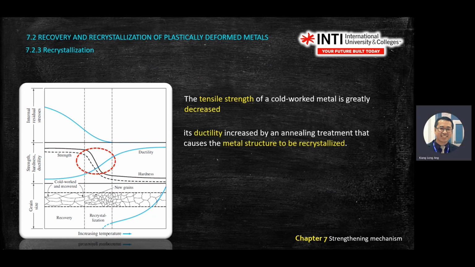Another one is from the same graph, the tensile strength drops, what we explained just now. Tensile strength drops during the recrystallization process. Ductility increases by annealing treatment, which means you increase the temperature that causes the metal structure to be recrystallized.